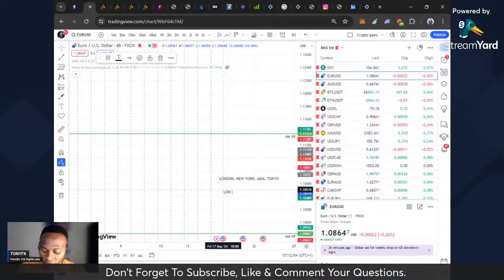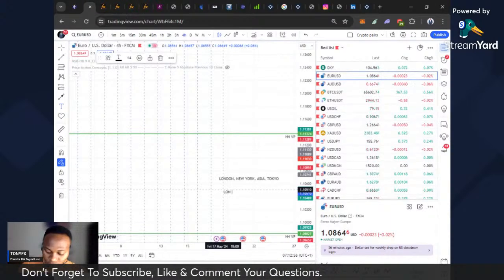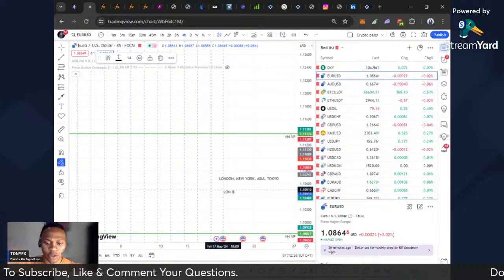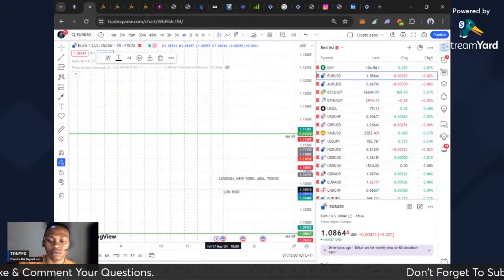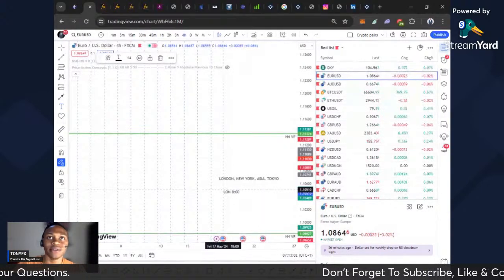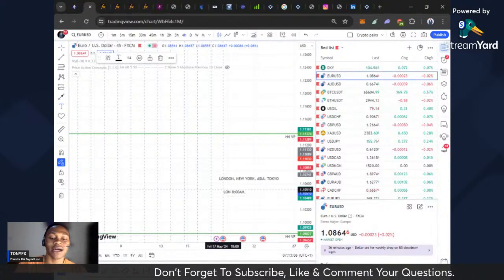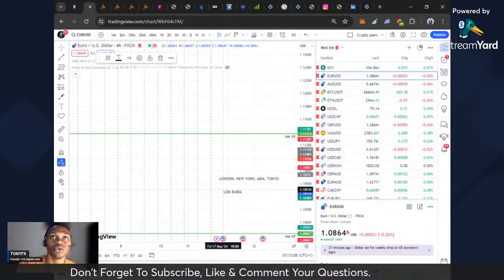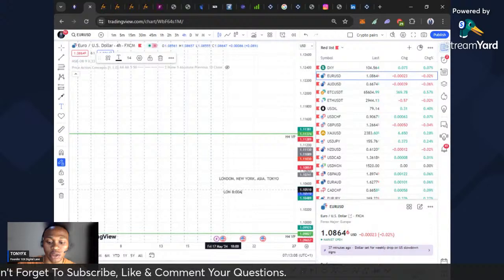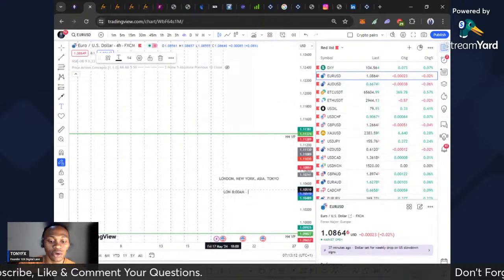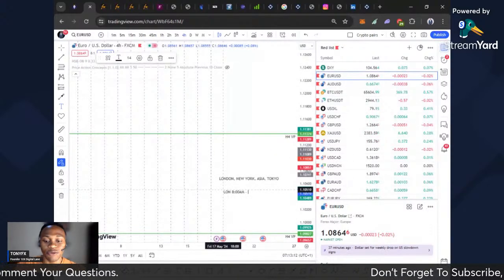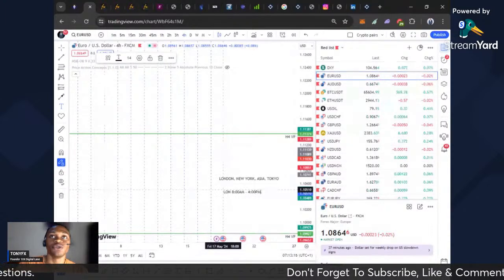London session is early in the morning, by 8 o'clock, and that's when banks here in Nigeria open up, 8 o'clock, and it runs down to 4 p.m. That's when banks close here in Nigeria.